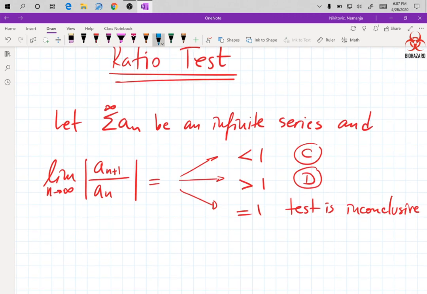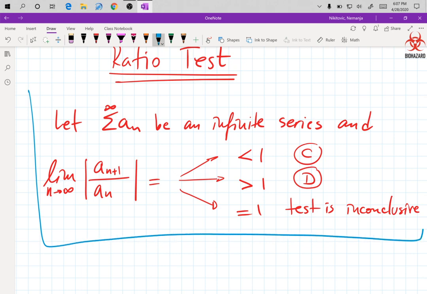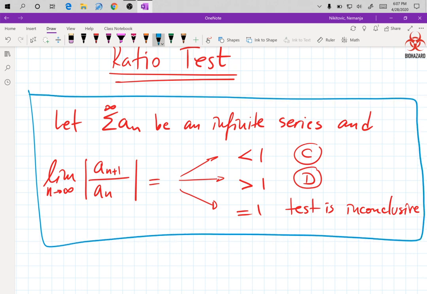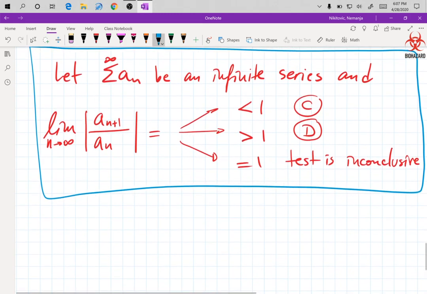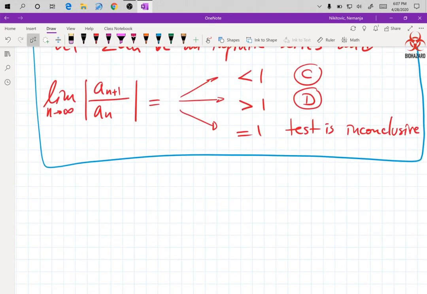So the ratio test will ask you to find a limit of a ratio of the next term divided by the current term, and that will give you something. All right, so let's take a look at a couple of good notes over here.